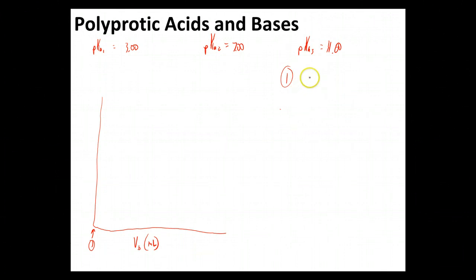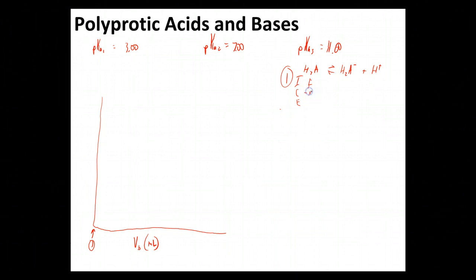And if we set up an ICE table, I'll actually write it out once. We'll have our first proton being dissociated. We'll have H3A becoming H2A minus and H plus. We do our ICE, and we'll keep it generic by saying it's formal concentration initially.